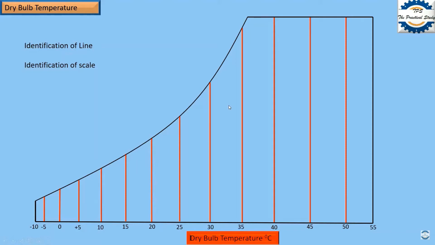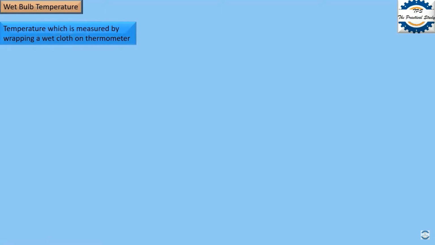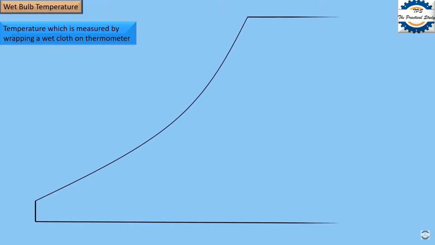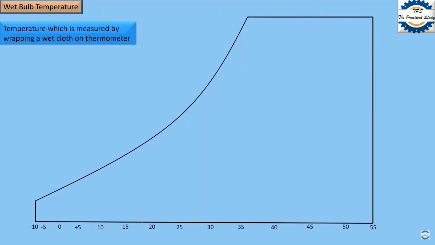Let's move to the next parameter. Wet bulb temperature. This is the temperature which is measured by wrapping a wet cloth on a thermometer. We have already made a video on this topic. Let's find out its line position and its measuring scale on the psychrometric chart. This was the scale of dry bulb temperature.